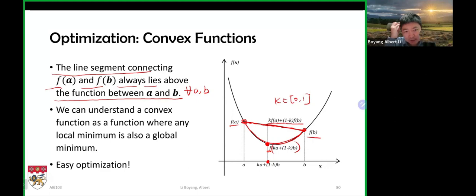Okay, so this is how we should understand a convex function, and it is a function where any local minimum is also a global minimum, and that's a very nice thing if we want to find the minimum, right?